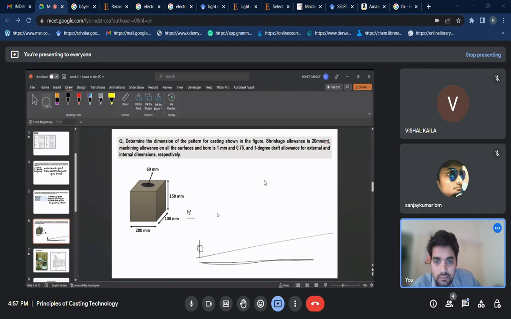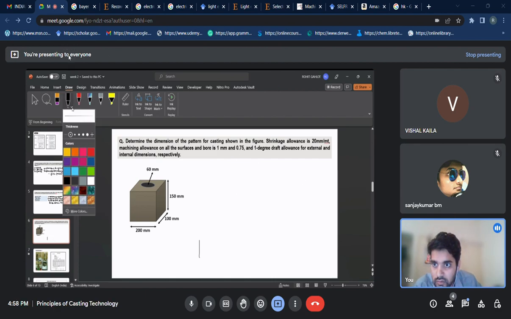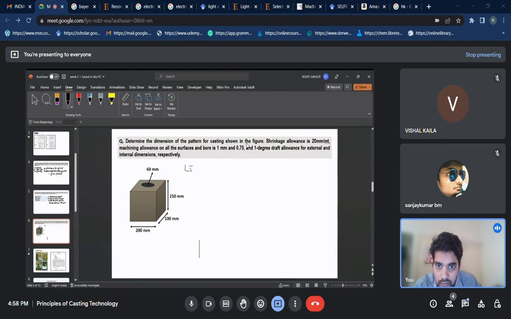So I think till now everything is clear. I will erase some part. After considering these two allowances, my length at present is 206.